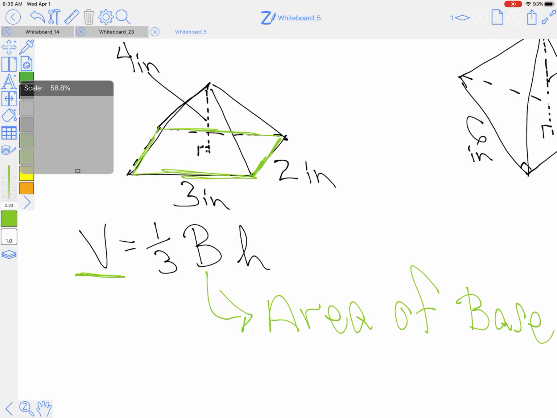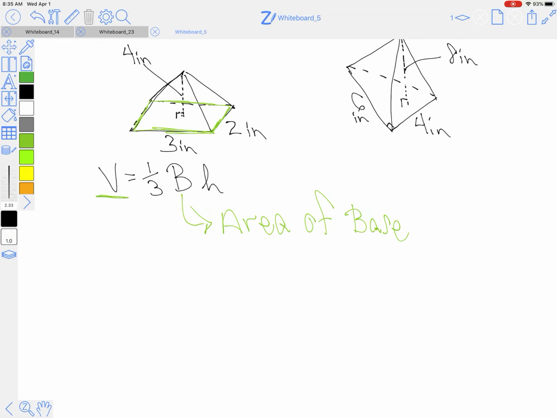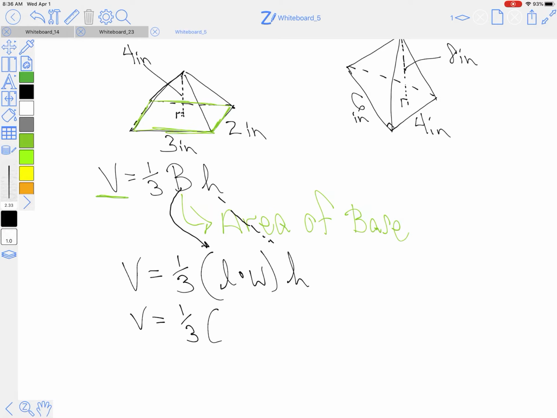So if I write a little more down for this, volume equals 1/3. To get the area of the base, I actually have to do length times width to get that answer. Then after I do that is where this h comes in to multiply by the height at the end. So now we can fill in our numbers. Volume equals 1/3.